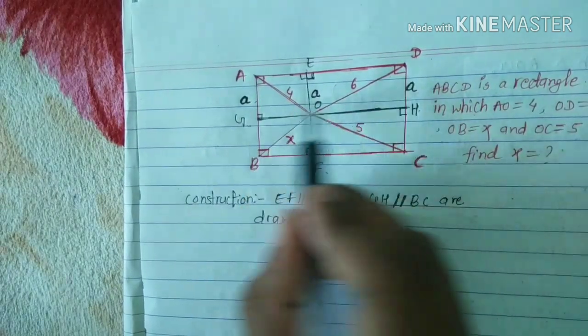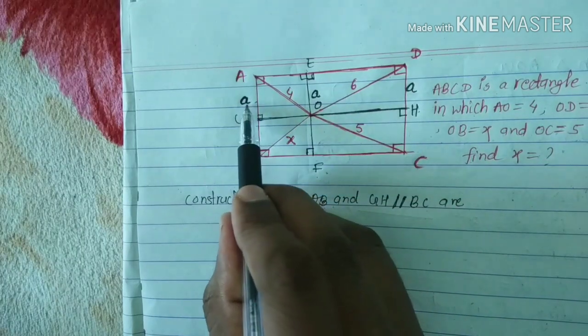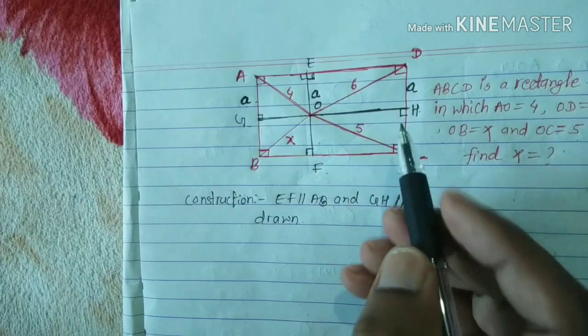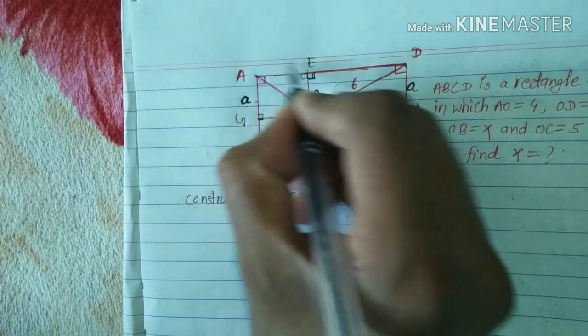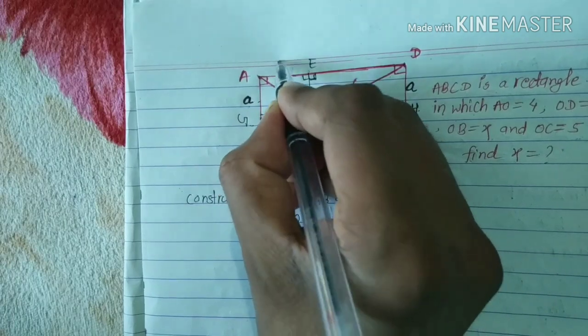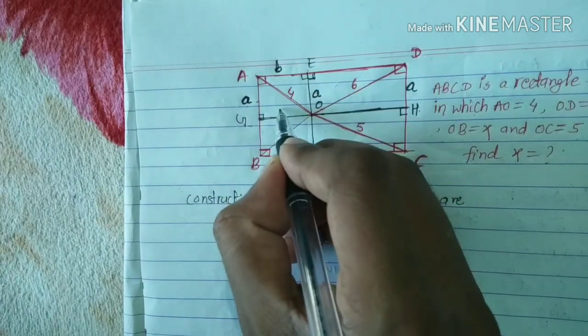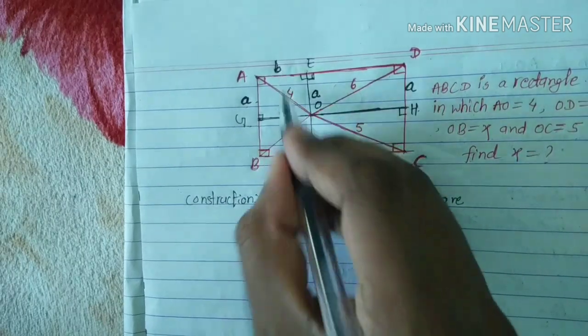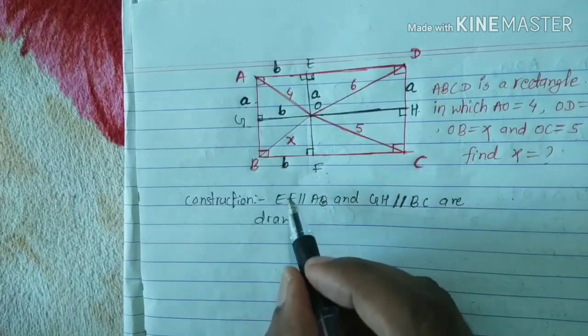These three sides are the opposite sides of rectangles, so if we let it be a, then all of these will be a. And I'm going to let these sides be b, so if it is b, then all the opposite sides will be b.